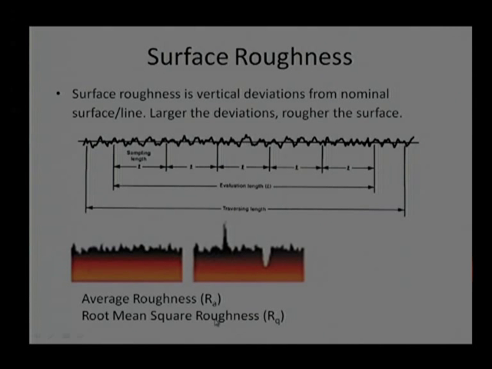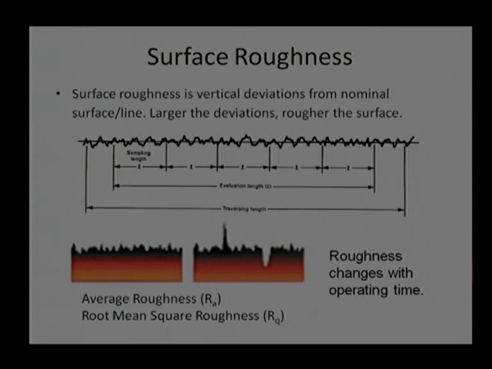In tribology, we generally prefer the Rq value, the root mean square roughness, compared to the average surface roughness Ra. The reason is that average surface roughness does not signify the completeness of the peaks and valleys. We want to penalize high peaks more than low peaks.